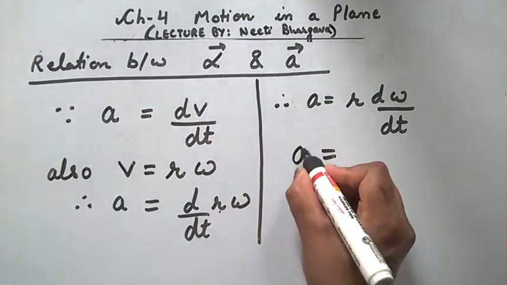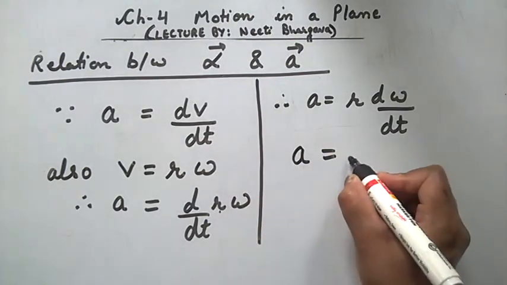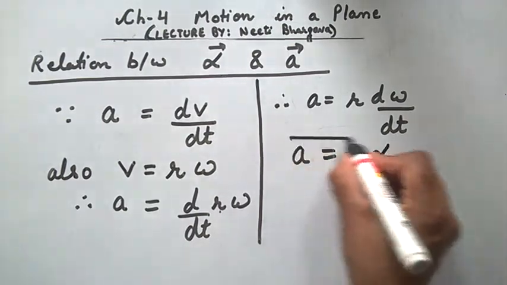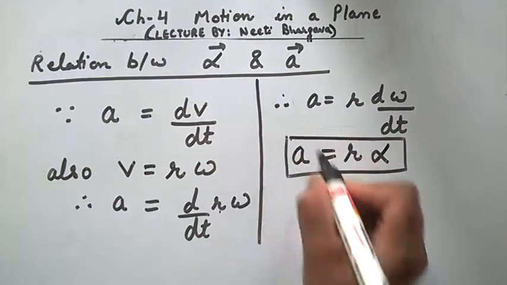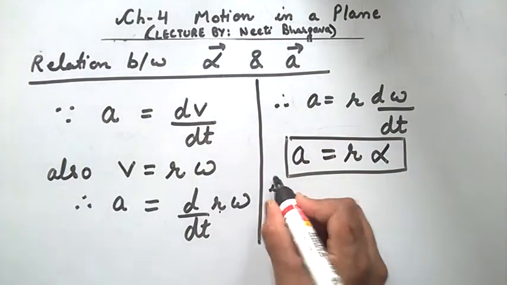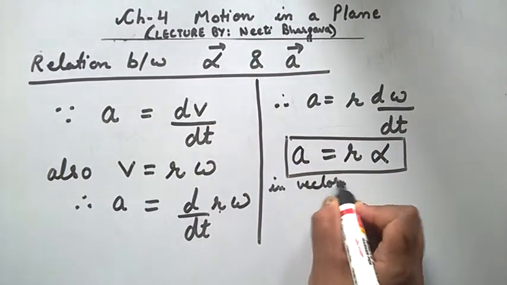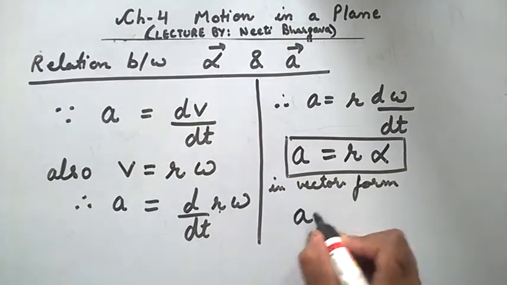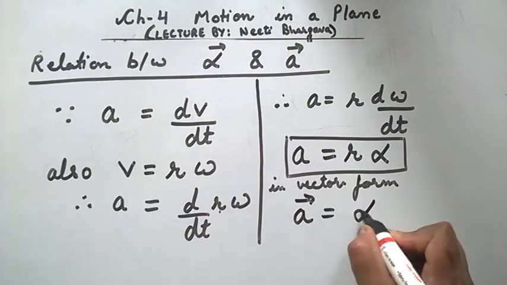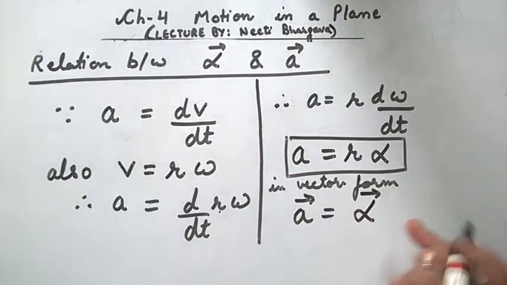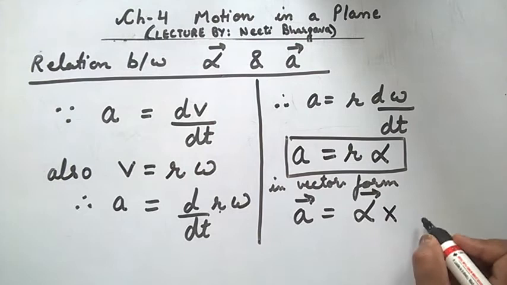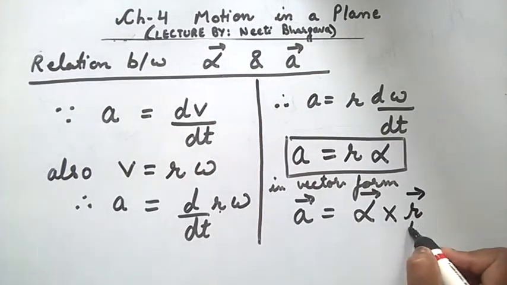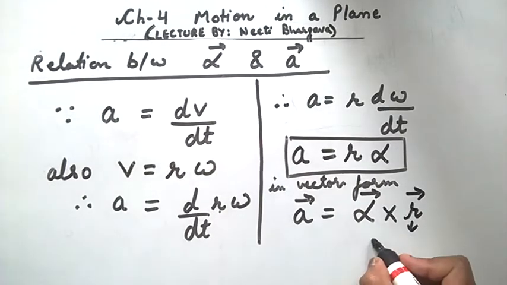Therefore, linear acceleration is equal to r times angular acceleration, or in vector form, it is the cross product of angular acceleration and distance of the particle from the axis of rotation.